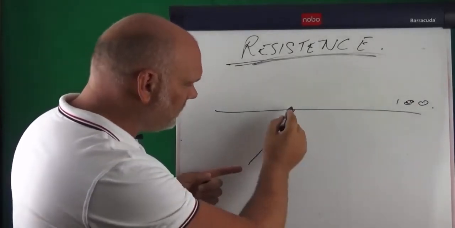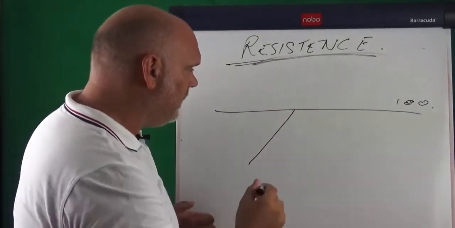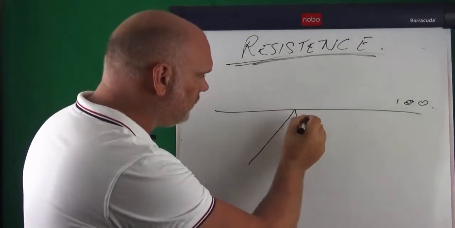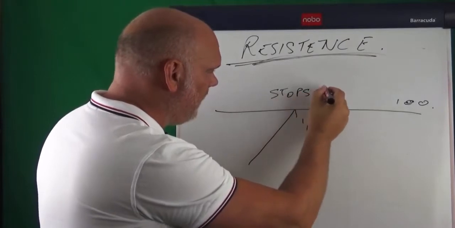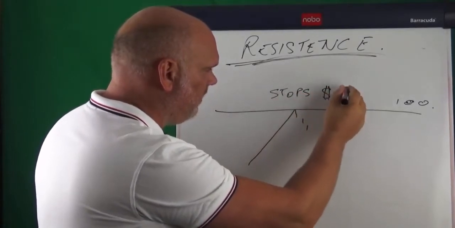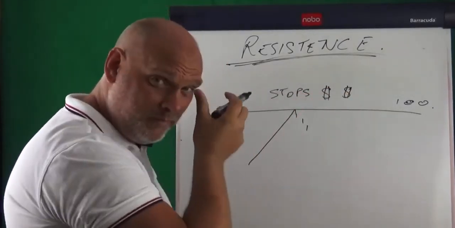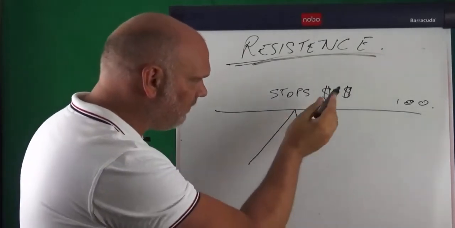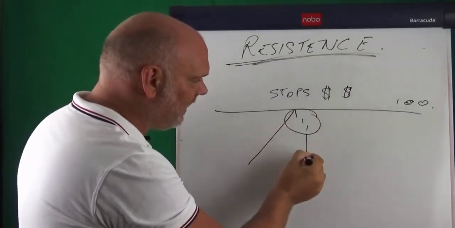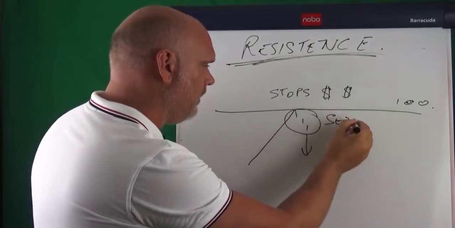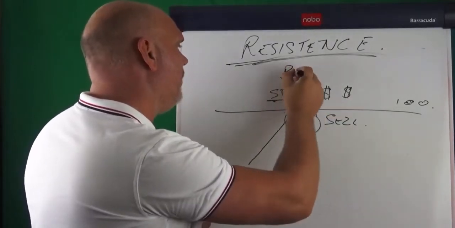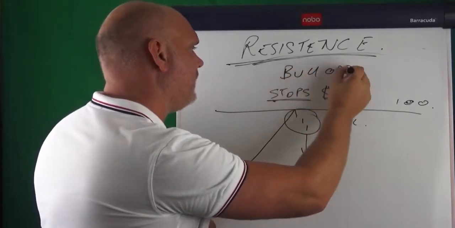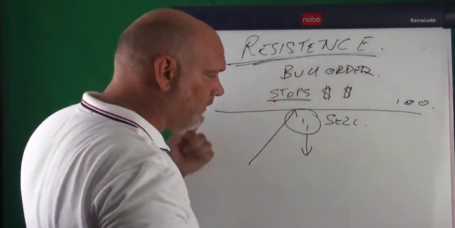As price comes up to the level, people will look to go short, and they'll place the stops above here, and that is money. But what type of money is sat there? What type of contracts are there? Well, if you sell at the level, your stops are buy orders. Now then, why is that important?